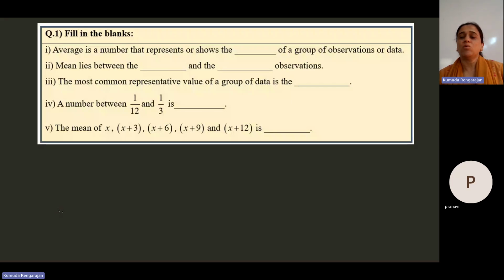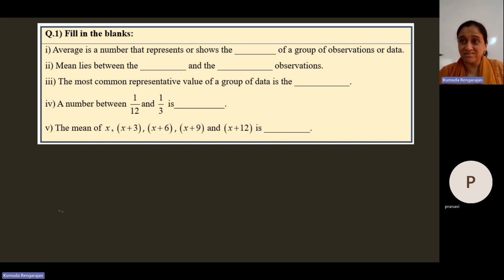Now what is this average? You have the school captain or the class monitor, that one person who represents the class. Your school captain and vice captain represent the school, right? In the same way, when you have a set of numbers, there is one number that is like the leader of all the other numbers.